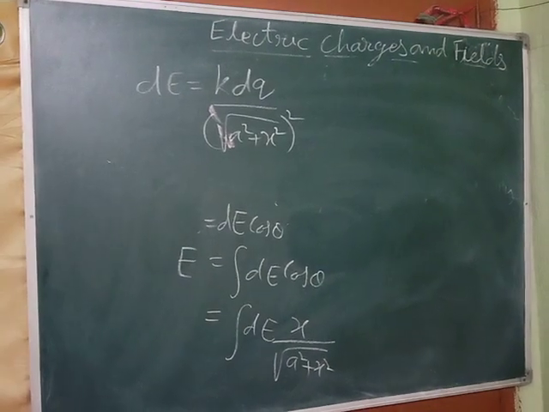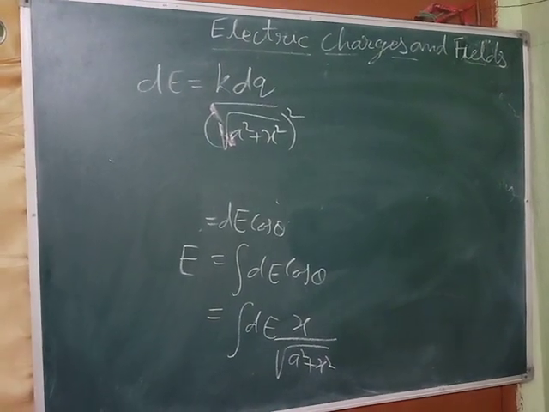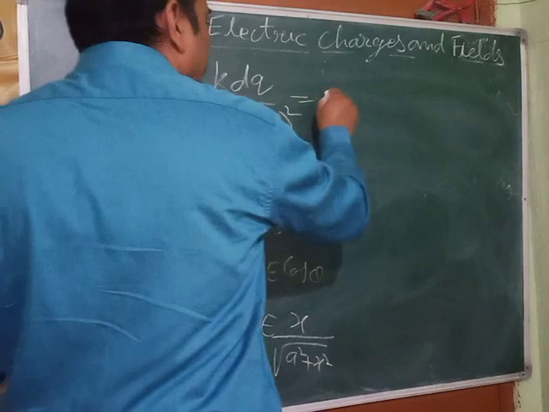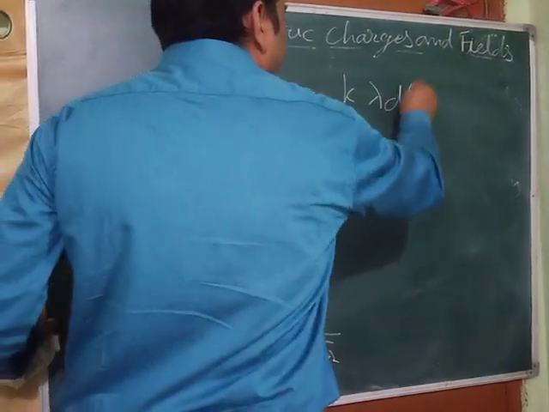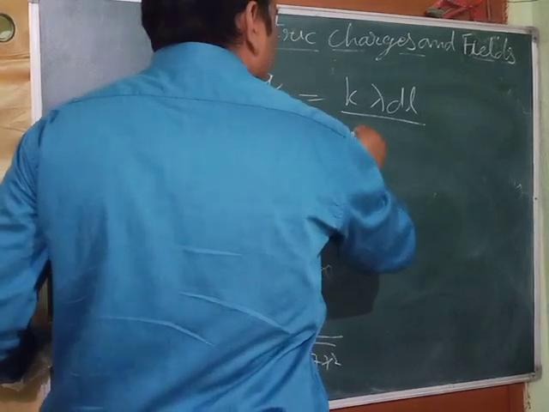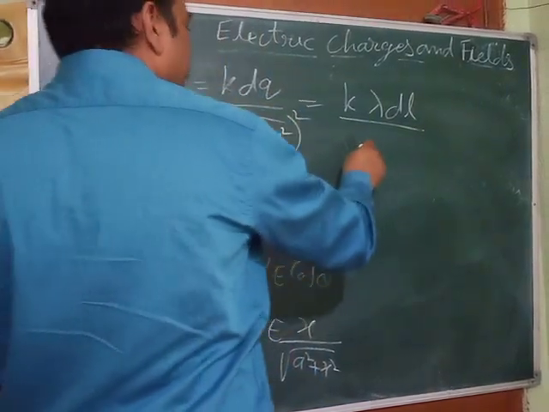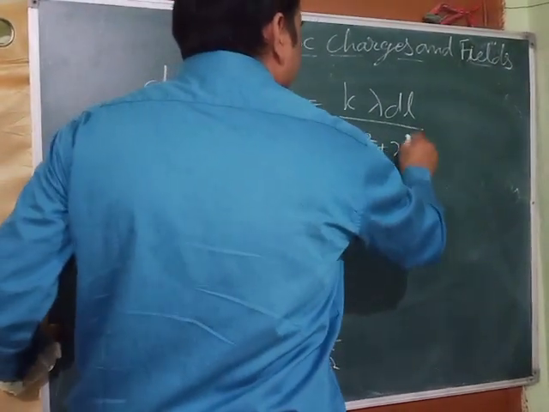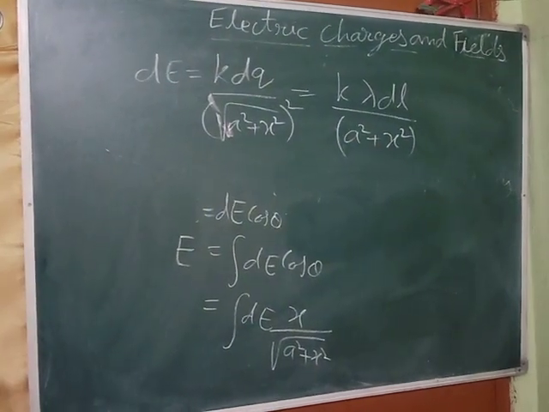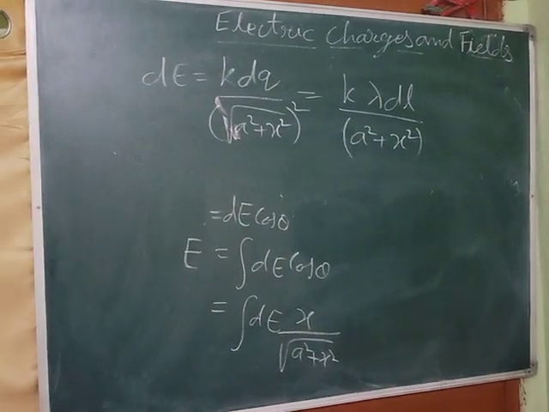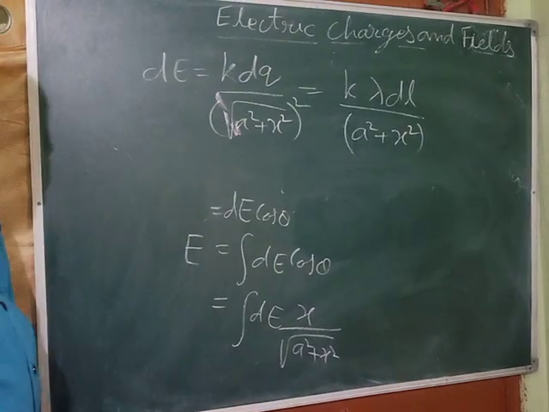But what is dq? It is from the linear charge density. So what we can write? k dq is k lambda dl upon, here if you square, you will get a square plus x square. So this is the value of dE. This value you have to put over here.